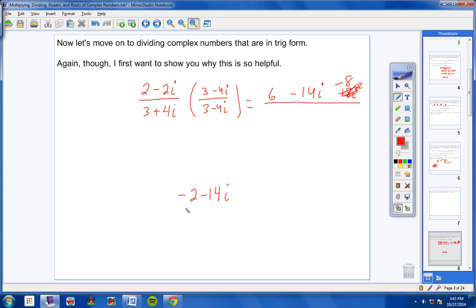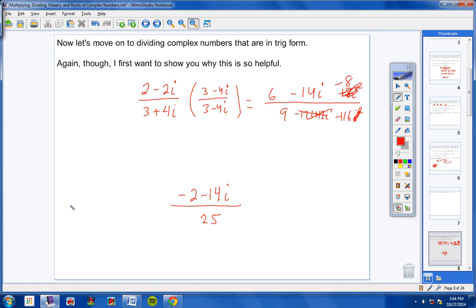And who knows? I did that quickly. I might have made a mistake somewhere. Who knows? I very well could have. Now here in the denominator, you would have 9 minus 12i plus 12i. So they cancel out. And then minus 16i squared, which makes that a positive 16 because it's a negative 1, 25.